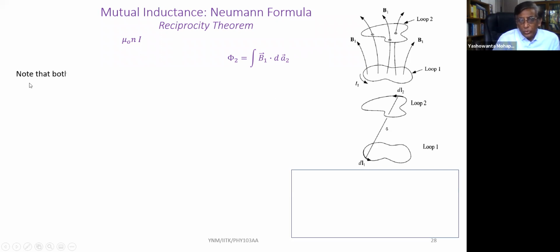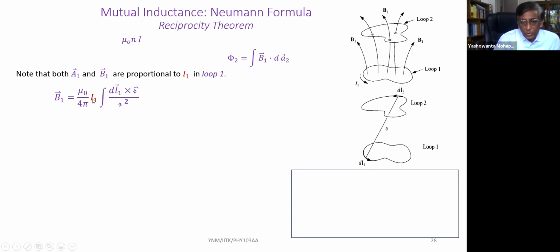Now note that both A1 and B1 are proportional to I1 in loop 1. That is the vector potential A1, and B1, are proportional to I1 in loop 1. Why? Because we know by Biot-Savart law, which is dl cross r squared, that B1 is proportional to I1.